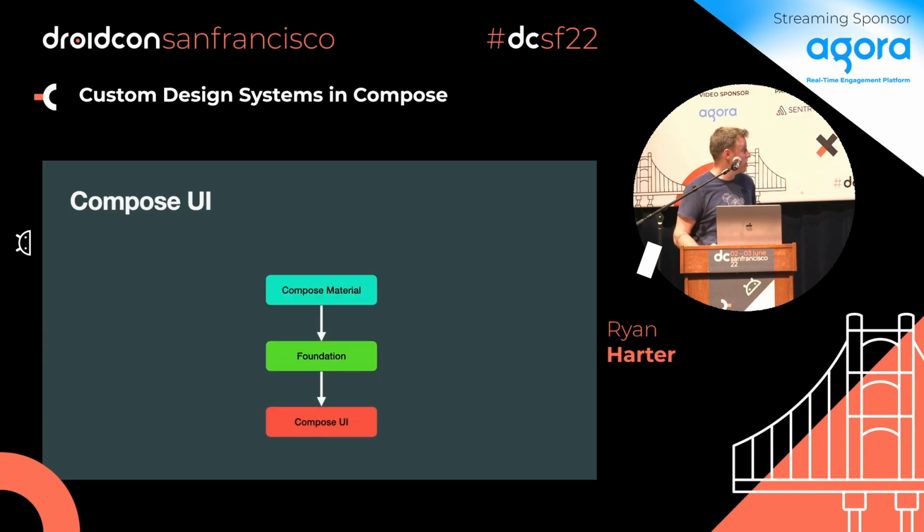And then on top of those, we have Compose Material, the Material design library for Compose. There's also Material 3, which is not quite complete, but is out there. Today I'm going to be talking about the Compose Material version, which is the Compose that we all know and love from the last however many years when Material came out. Compose Material builds on top of Foundation and Compose UI, and that's what adds the design system.